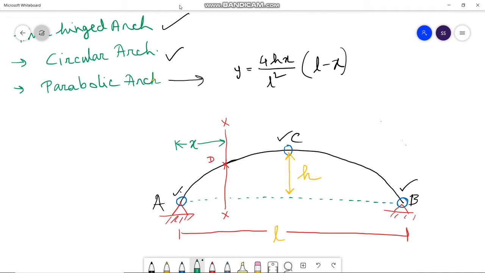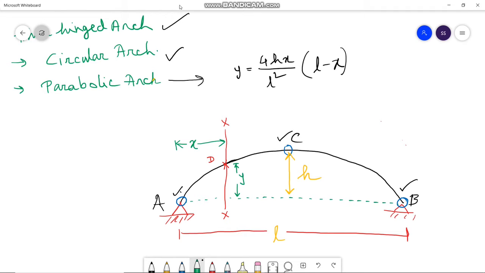The height of point D with respect to the support level, we denote as y.